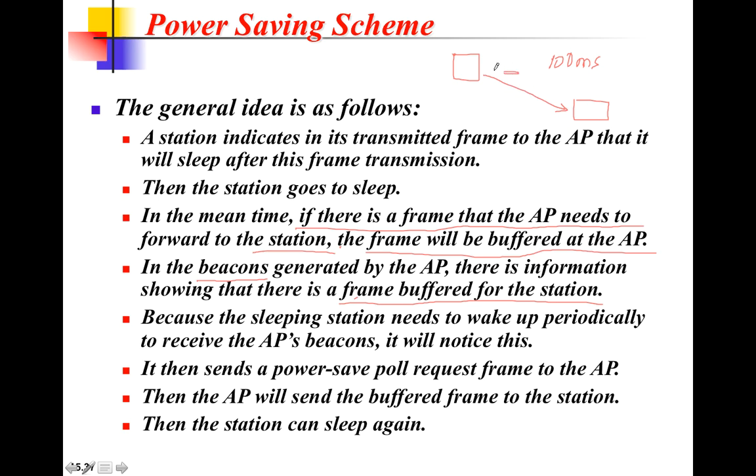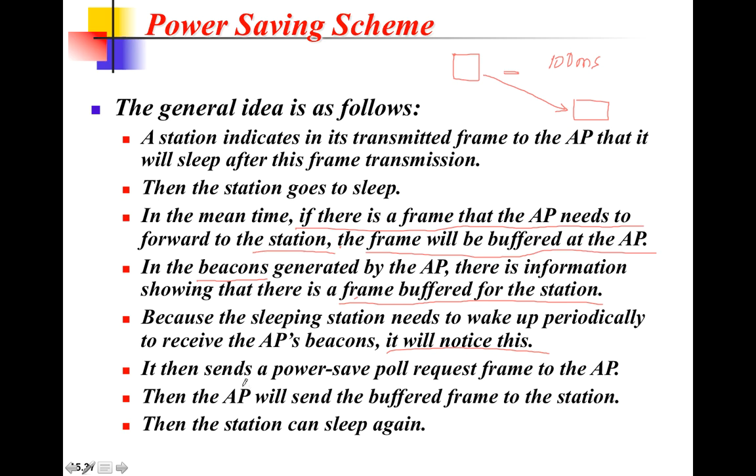So it will know from this beacon whether there is something there. If there is something waiting, the beacon will have the information. So when it receives the beacon, it will know that I have something waiting at the access point.